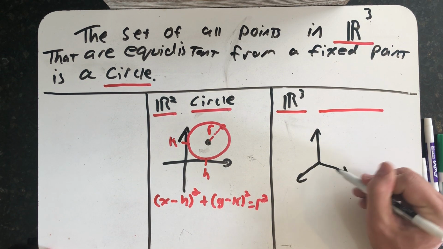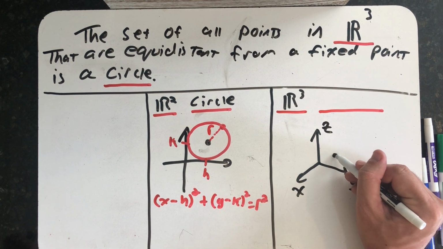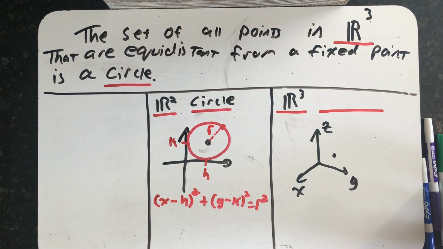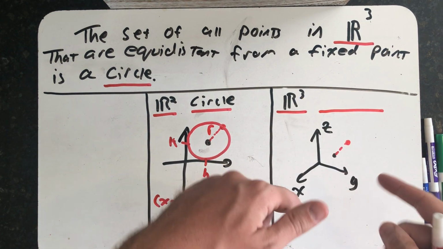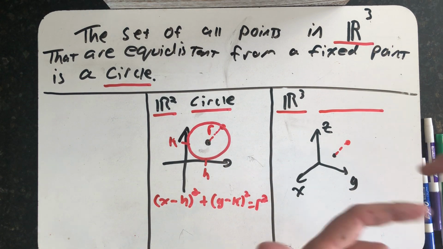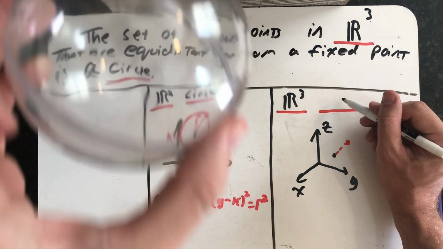So I take a right-handed coordinate system in R3 and I imagine plotting a center somewhere, and then I go out a fixed distance, and I imagine I could spin that around in any direction I want in a whole lot of circles, and I hope that you wrote down that you would get a sphere.